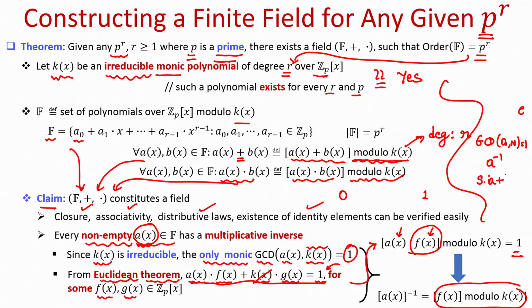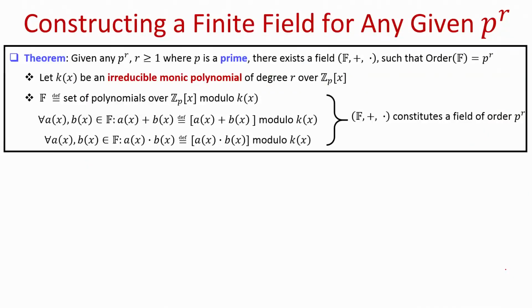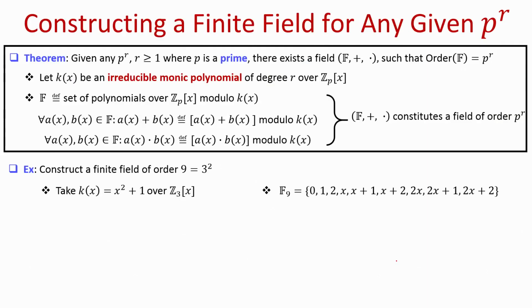Say S and T are the Bezout coefficients, and then I do mod n on both sides and I get S times a modulo n is 1, and then I say that a inverse is actually S modulo n. That is what we did in number theory. The same thing we have generalized in the context of polynomials here. So that is a general template for constructing a finite field for any given p and r, where the order is p to the power r.